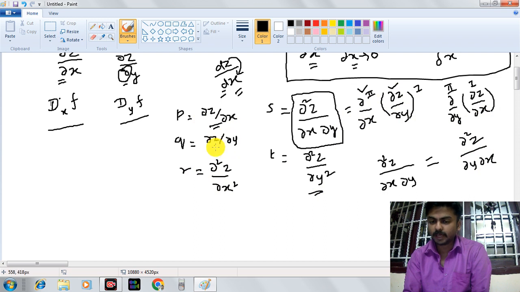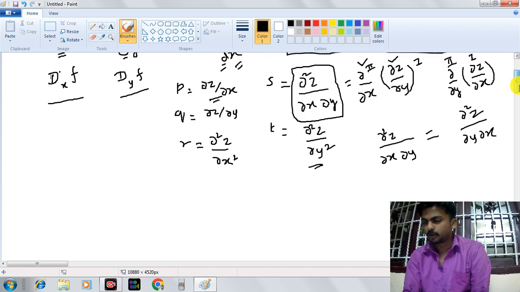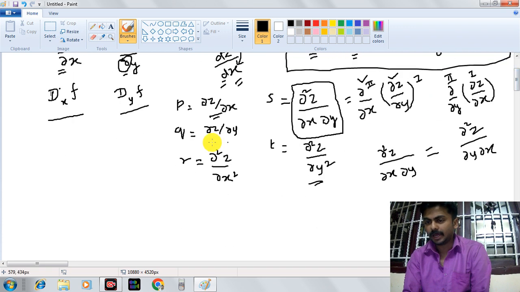So again we are differentiating this q partially with respect to y, so we get dou square z by dou y square. So this is the basic fundamental concept of partial derivative, and these notations are obtained when we are using successive partial differentiation.